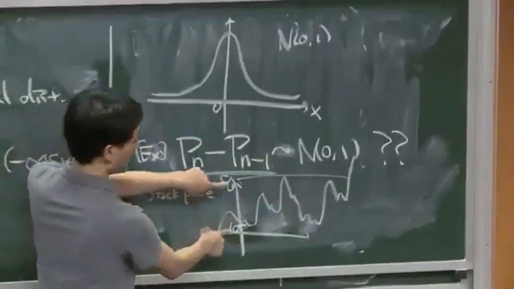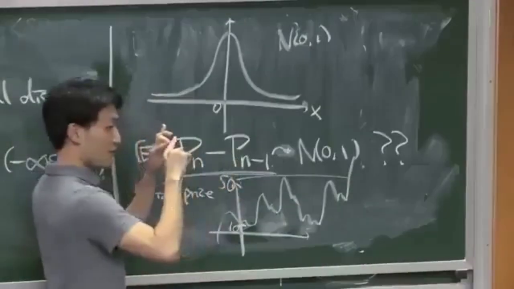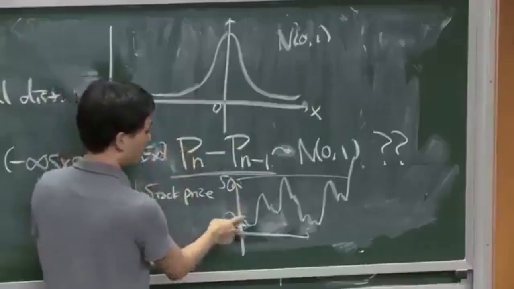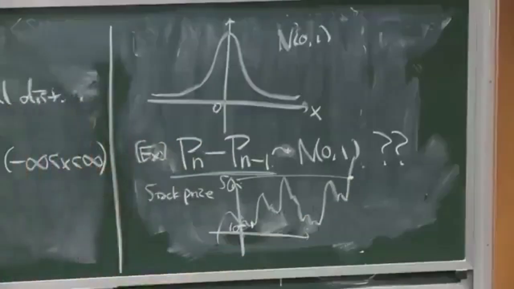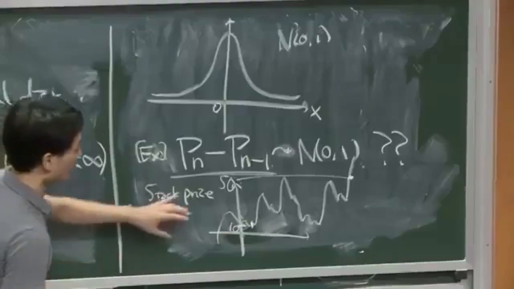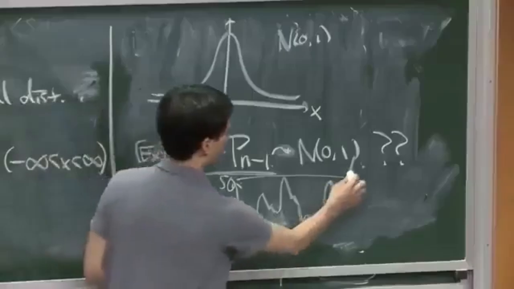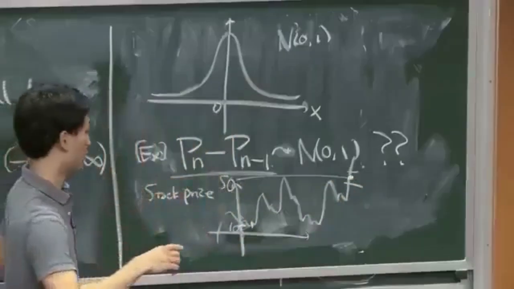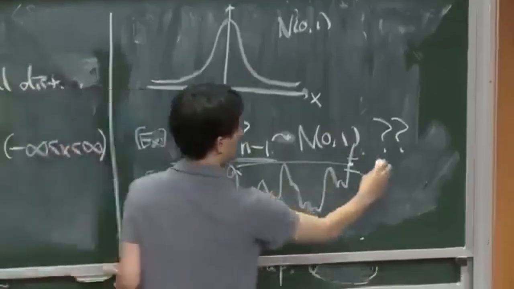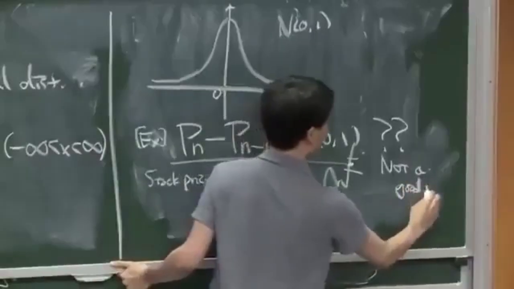Then regardless of where your position is, it says that the absolute value of the increment is identically distributed at this point and at this point. But if you observe how it works, usually that's not normally distributed. What's normally distributed is the percentage of how much it changed daily. So this is not a sensible model. Not a good model.